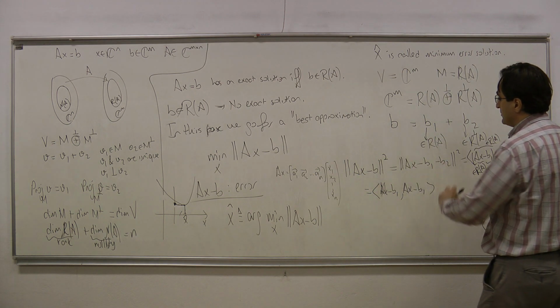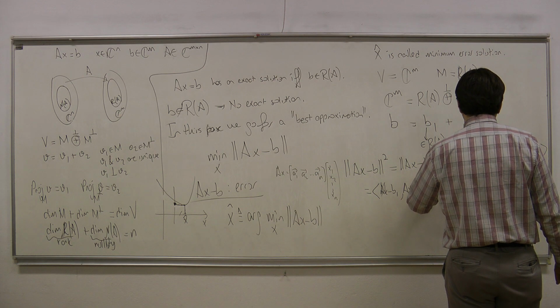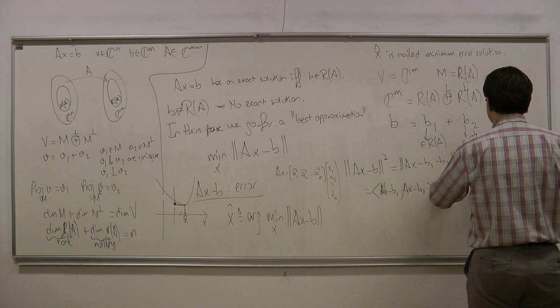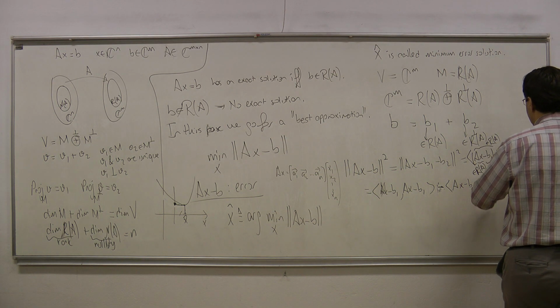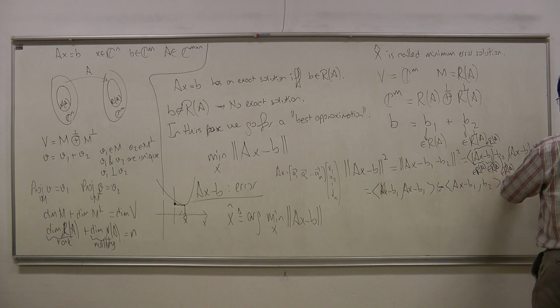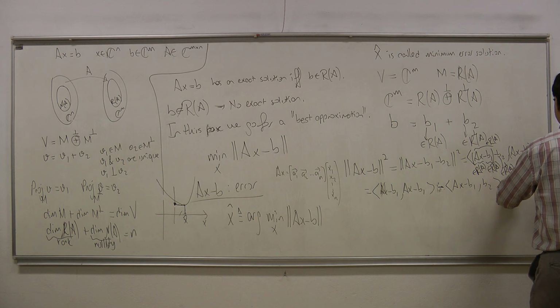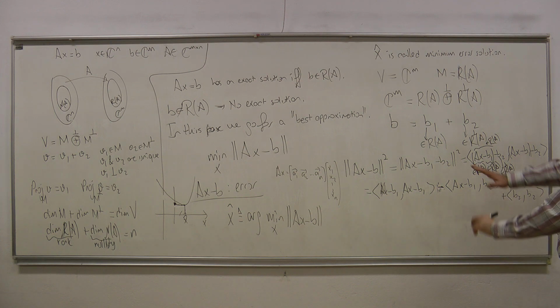Remember, I'm trying to minimize this cost function with respect to x, okay? And I have minus AX minus B1 with B2, minus B2 with AX minus B1, and finally plus B2 with B2. Okay? So you see that I have four terms.